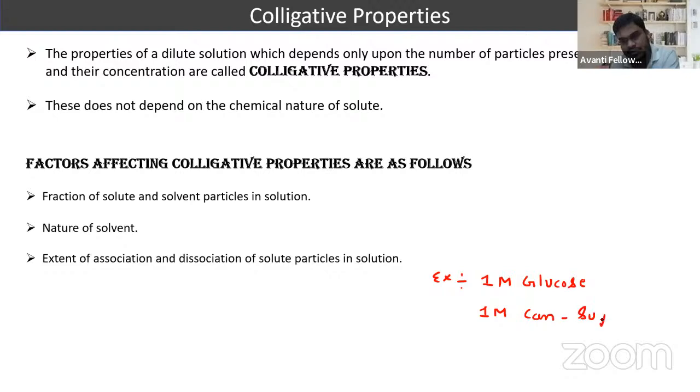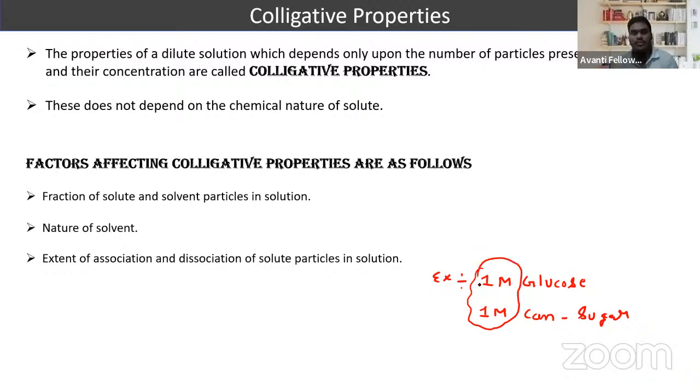We all know glucose and cane sugar are two different substances. Glucose has a different function and molecular formula, and cane sugar has a different function and molecular formula. But what is common is that both have 1 mole.